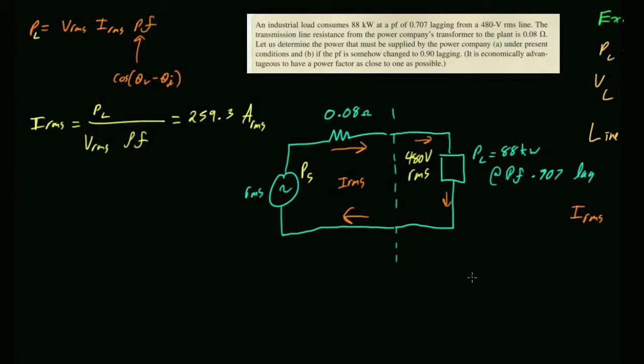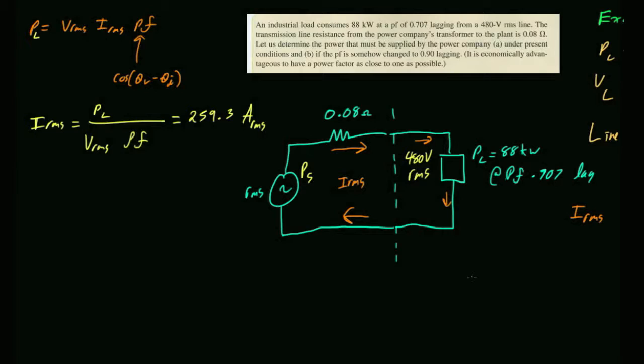Where's my calculator? 88E3, and I'm going to divide that by 480, and then I'm going to divide it again by 0.707. Yep, I'm getting 129.6. No. Did I do it wrong? 259. Okay, good. I don't know what I did. All right.